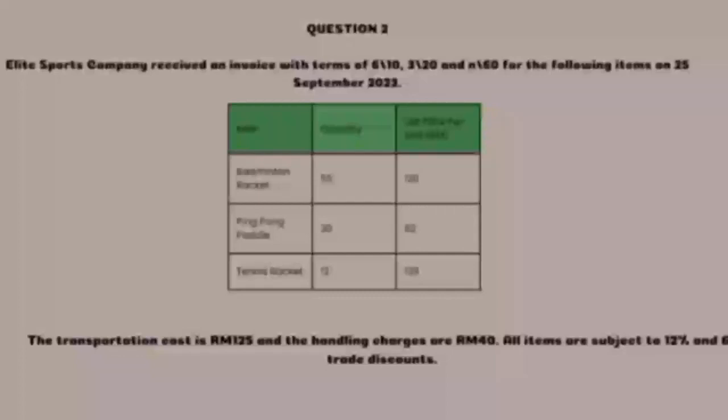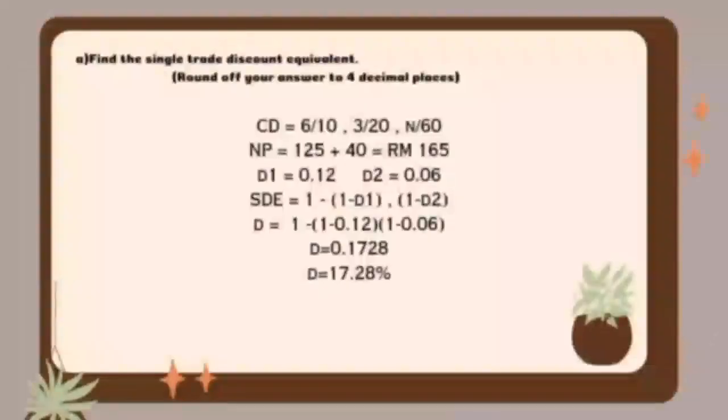All items are subject to 12% and 6% trade discount. A. Find the single trade discount equivalent. Round off your answer to 4 decimal places. CD equals 6/10, 3/20, N/60, and P equals 125 plus 40 equals RM165.